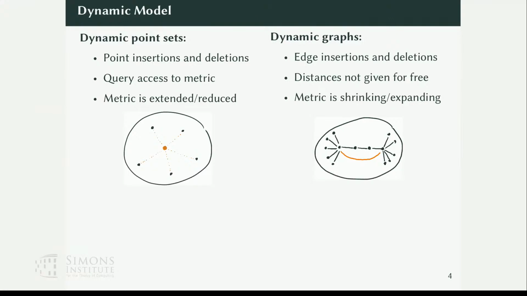Whereas here it's usually assumed that one has query access to distances, to this D function, the metric. And that's somewhat natural if you consider, for example, point sets in a Euclidean space. You have the coordinates, and then you can simply compute the distance by looking at the coordinates. It's a natural thing to have this query access.